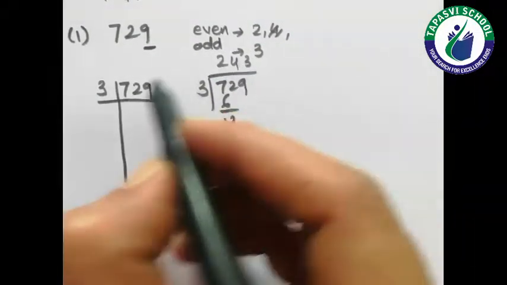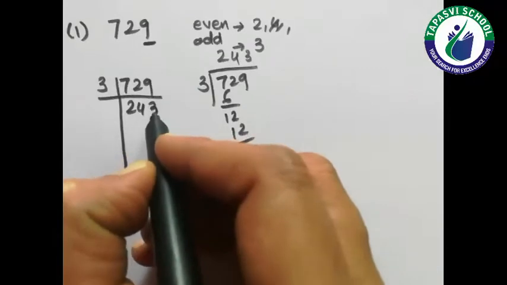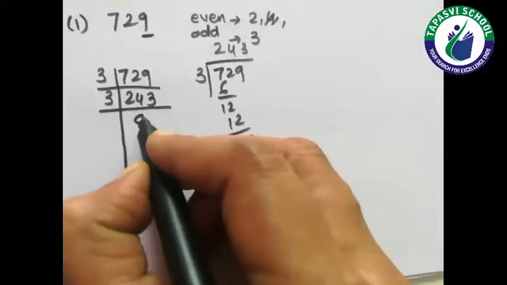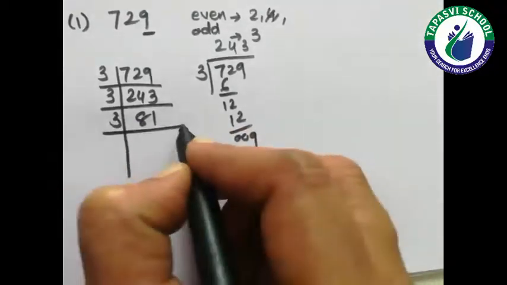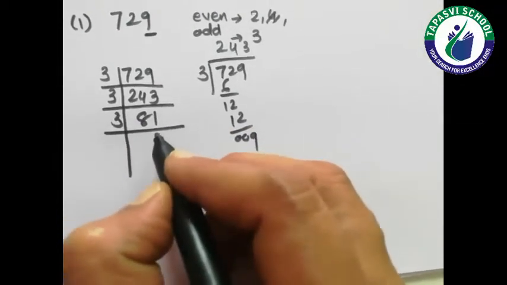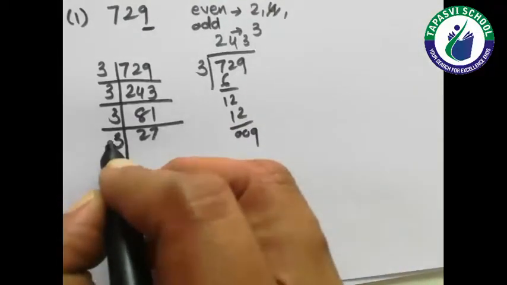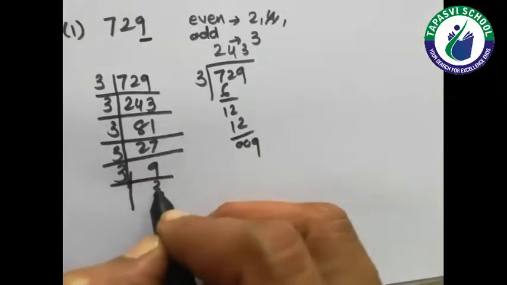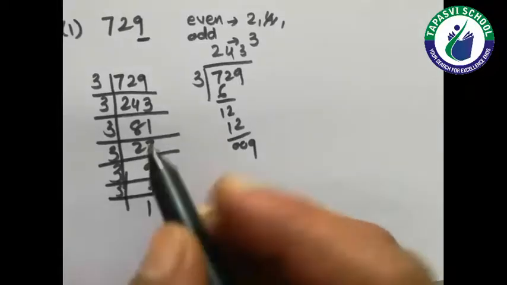So this number you are supposed to write here, that is 243 divided by 3. So you will get 81. Then again by 3 you will get 27. Divide by 3, you will get 9, 3, 3, 1.